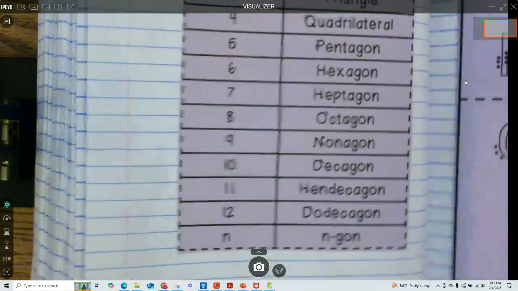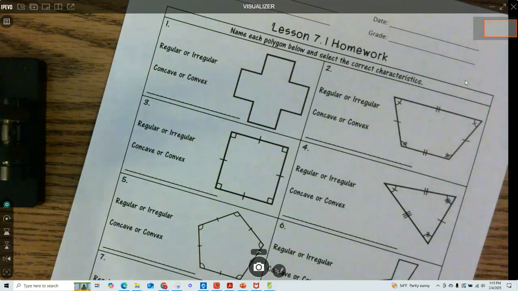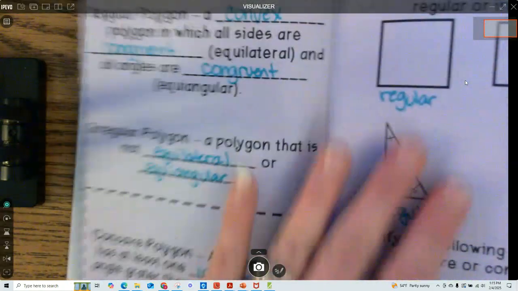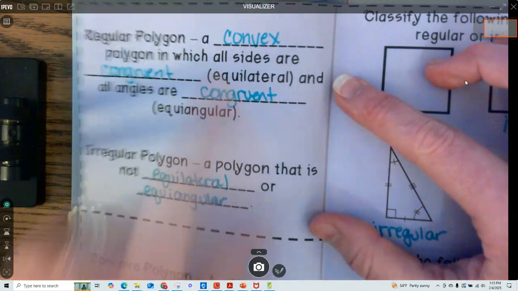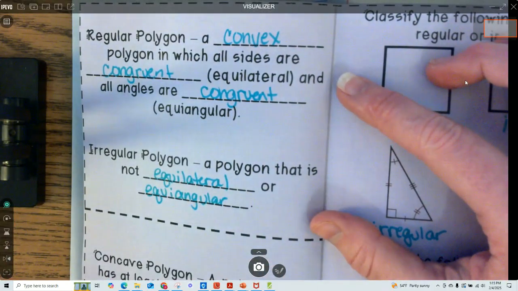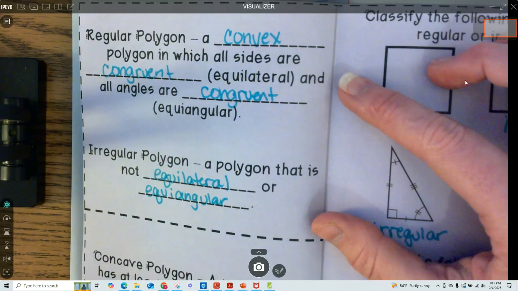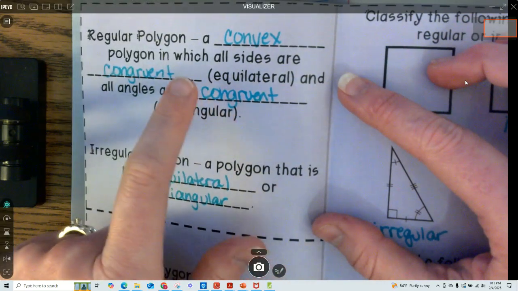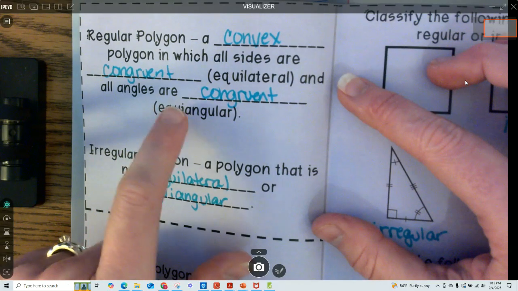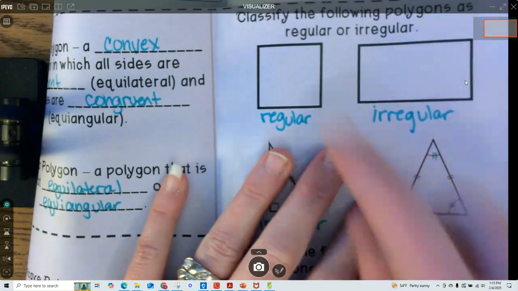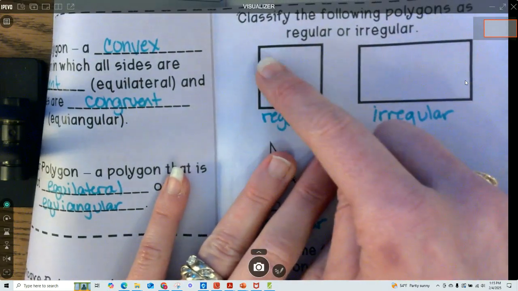What we're looking at today is regular and irregular, and concave and convex. Okay? So regular and irregular. A regular polygon is one in which all sides are congruent and all angles are congruent, which means all the sides have to measure the same.